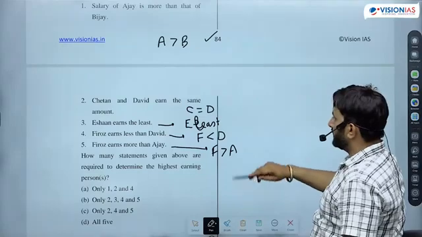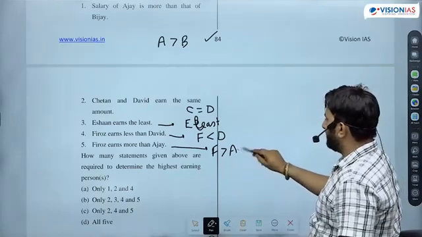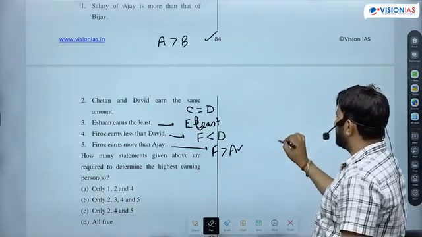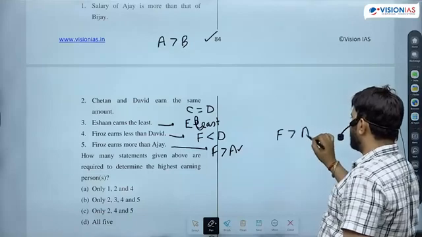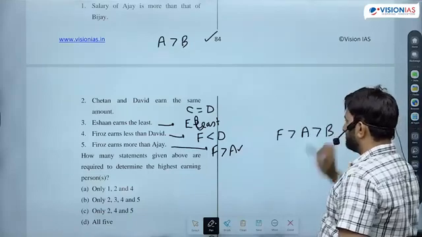A earns more than D, फिफ्थ को यूज करेंगे तो F earns more than A. So by their combination we can say F got more than A got more than B.